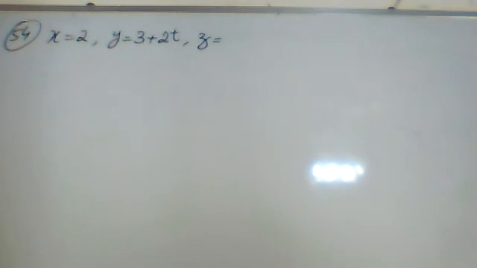x is 2, y is 3 plus 2t, z is equal to minus 2 minus 2t.